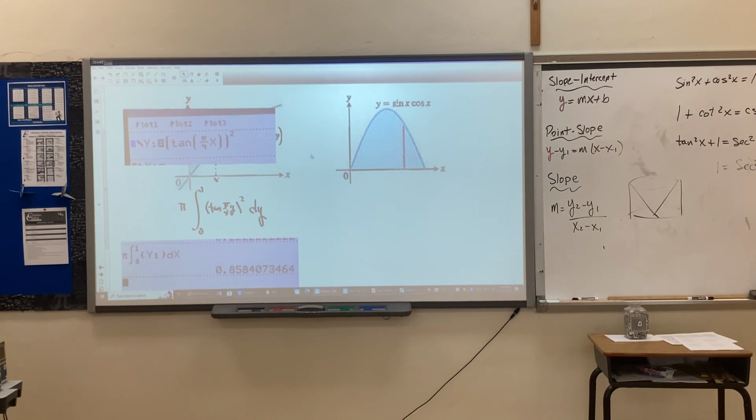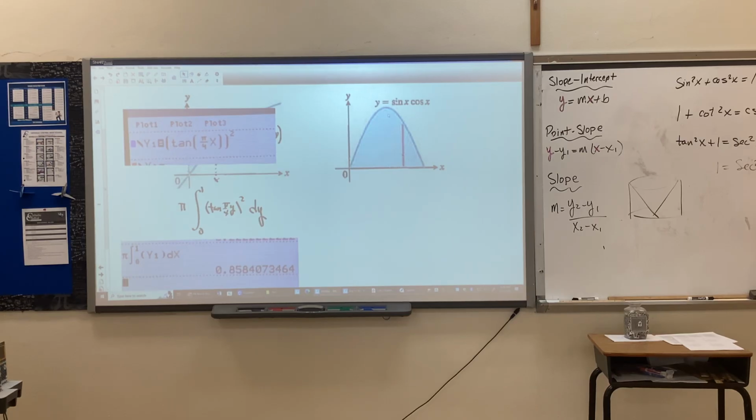Okay, how about this one? You know where this number is? Where does that curve touch the x-axis? Where sine times cosine is 0.